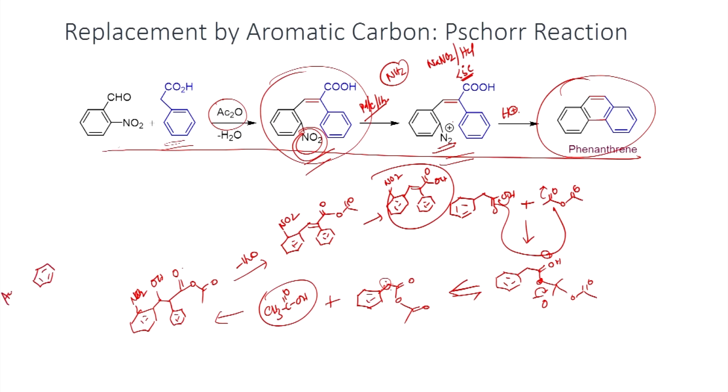If acidic medium, the diazonium salt can convert into the cation.